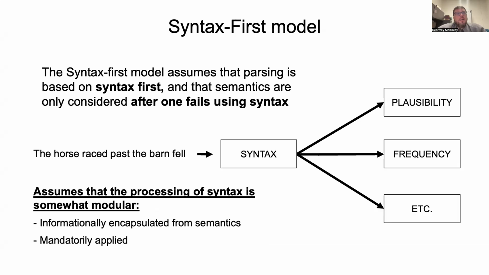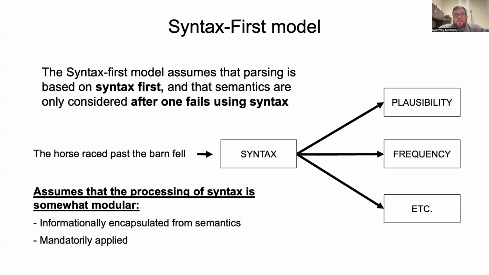The idea is that the module devoted to processing syntax is mandatorily applied and, in a sense, informationally encapsulated from semantics, if there's a semantics module that processes the semantics. This makes a very specific prediction: that you're going to use your knowledge of syntax first, which can mislead you or lead you in the correct way.